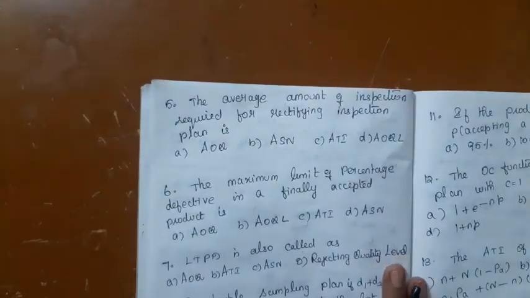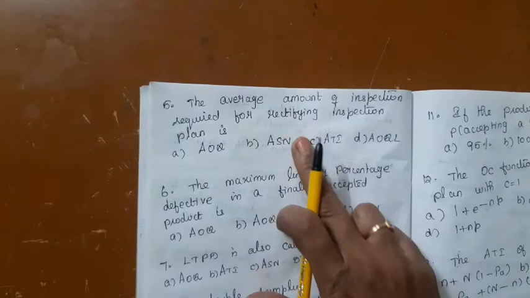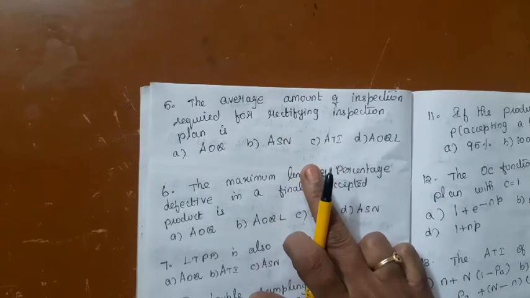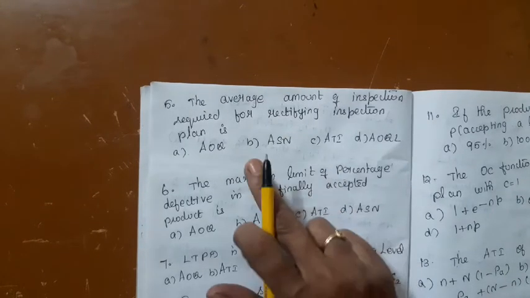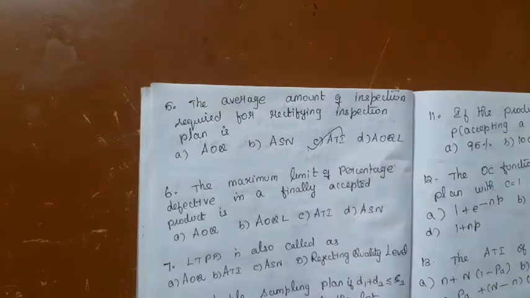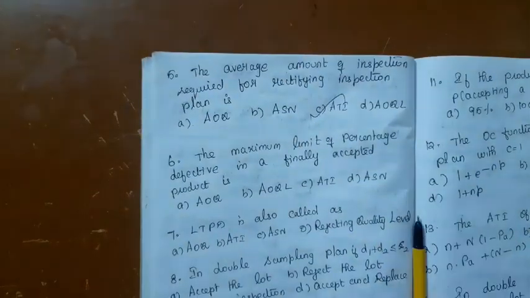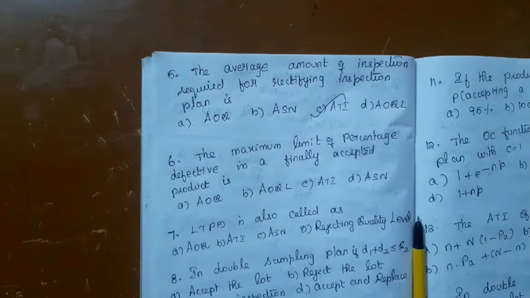The average amount of inspection required for a rectifying inspection plan. Average amount of inspection is ATI, average total inspection. AOQ is average outgoing quality, ASN is average sample number, AOQL is average outgoing quality limit.